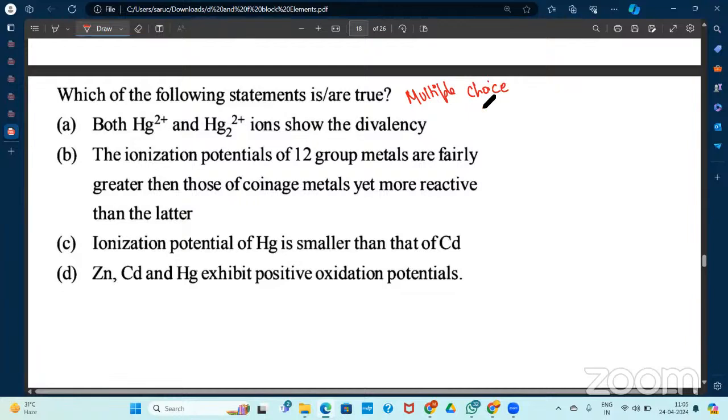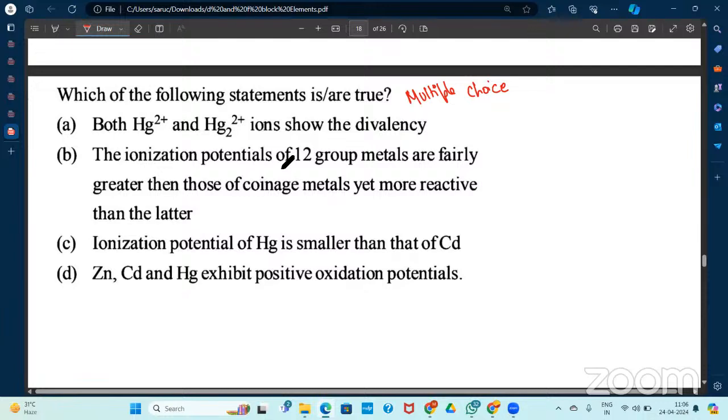Can you guess any option? Okay, so I have got A, B, C, and D as another answer.